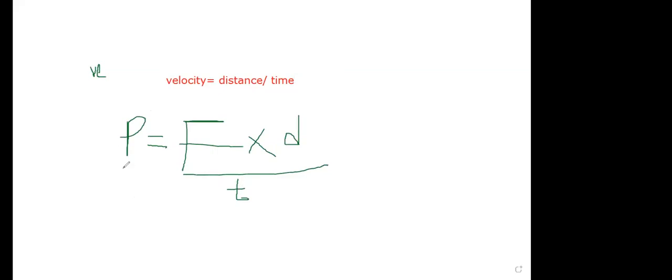Now, if you look at this well, you see that our power P can be written as F times D out of T. Since this T is all over, we can also put it here, D out of T. Now you see that D is distance and T is the time, which takes us to velocity.